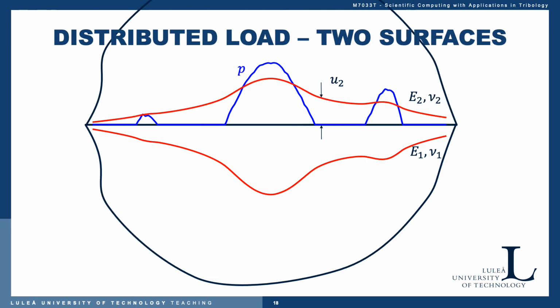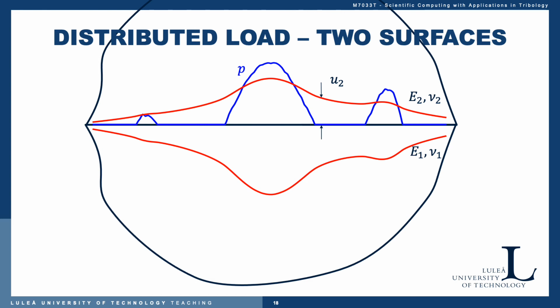The pressure itself arises from the contact between the two bodies which are loaded against each other under a certain force. And the deformation may be different due to the elastic properties of the bodies.